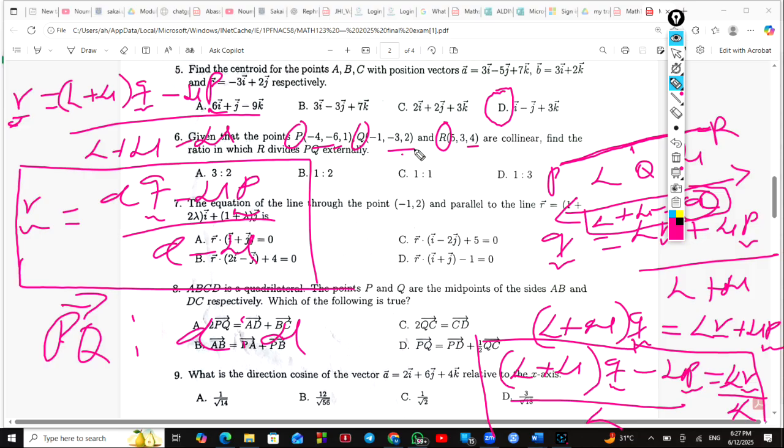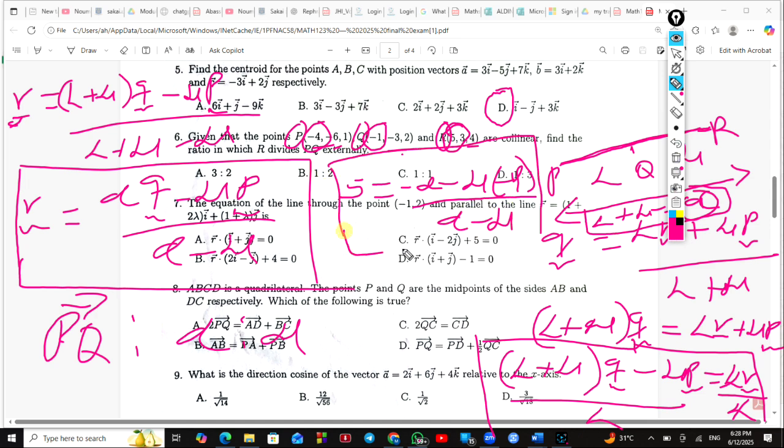If we choose the components of X, the component of X for R is 5, so we have 5 is equal to alpha multiplying the component of Q, which is -1, so minus alpha, minus mu multiplying P, and the component of X for P is -4, all over alpha minus mu.